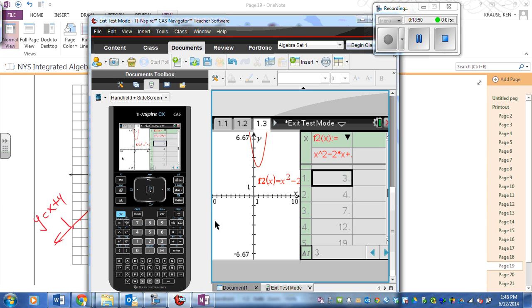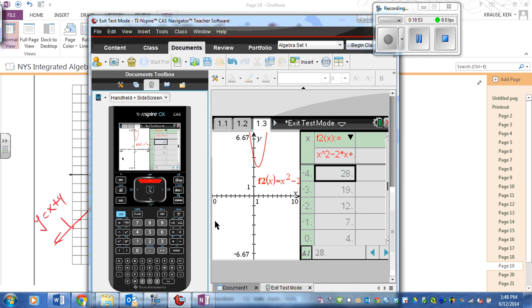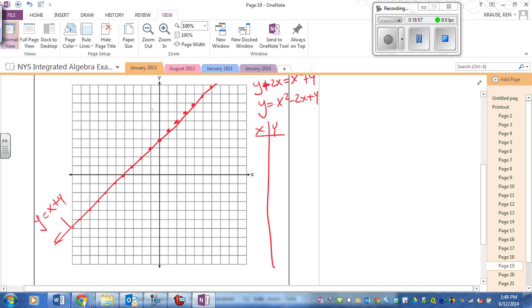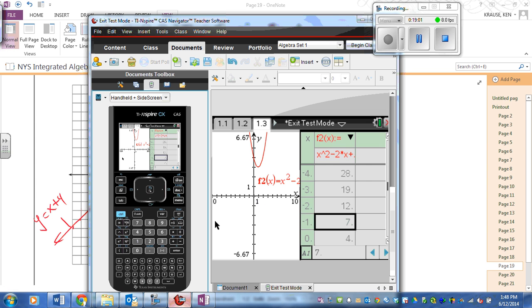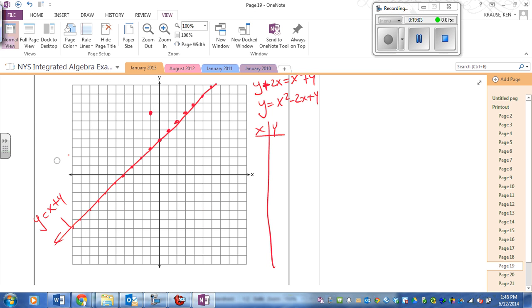The first one I can use is negative 1, 7.